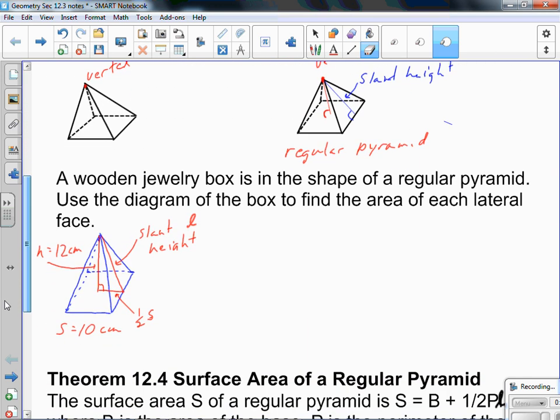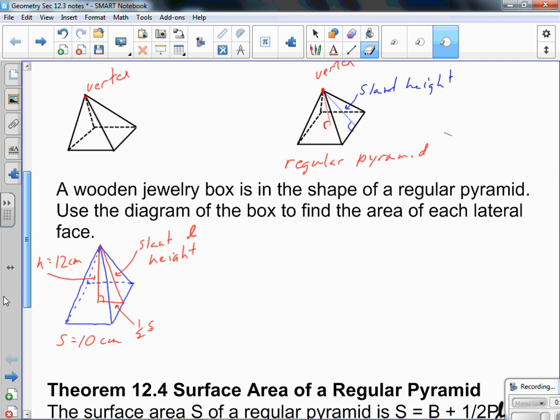All right. So we've got a wooden jewelry box in the shape of a regular pyramid. Use the diagram of the box to find the area of each lateral face. So the lateral faces are triangles. So in order to find the area of the lateral face, we use the area formula for a triangle, which is 1/2 the base times the height.